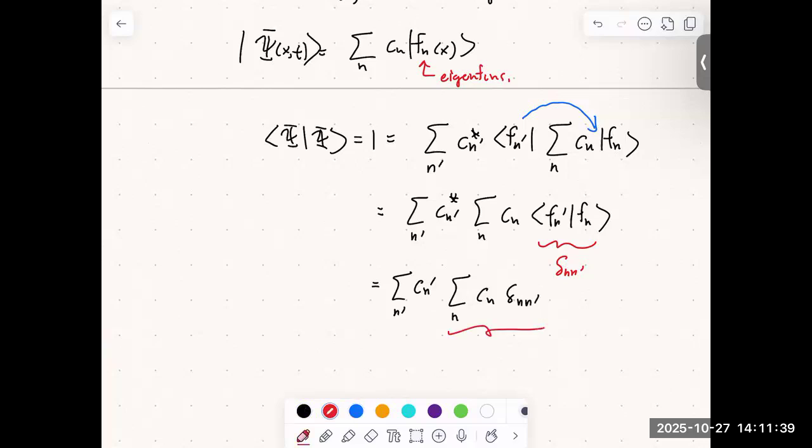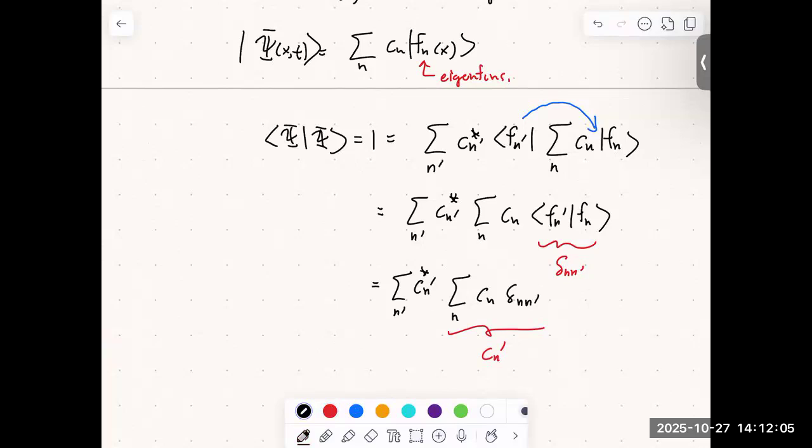But this sum is going to be like C1 times 0 plus C2 times 0 plus C3 times 0 and so on until we get to Cn prime, then it's going to be times 1. So only the Cn prime will survive. So this will be Cn prime. Now I forgot my conjugate somewhere, so that must be right here.